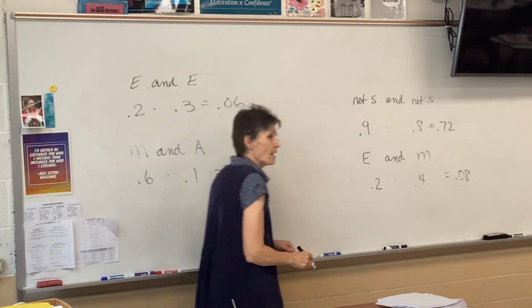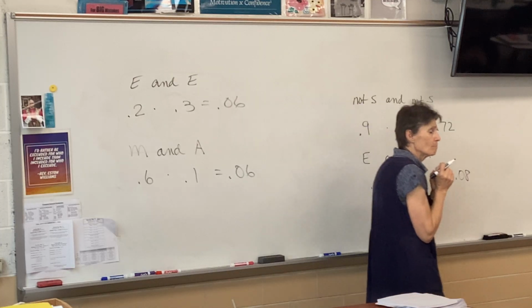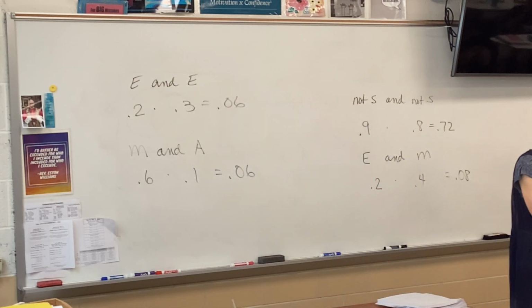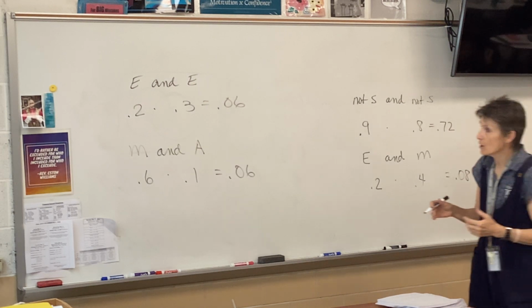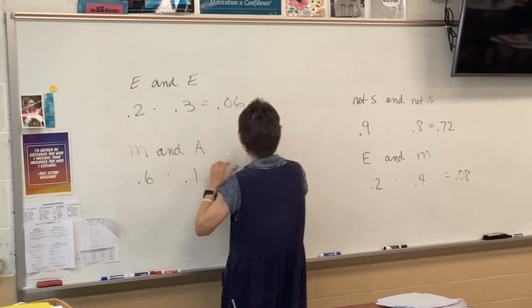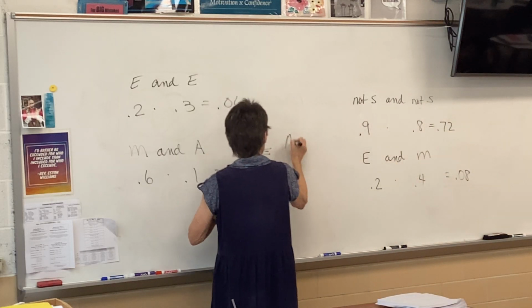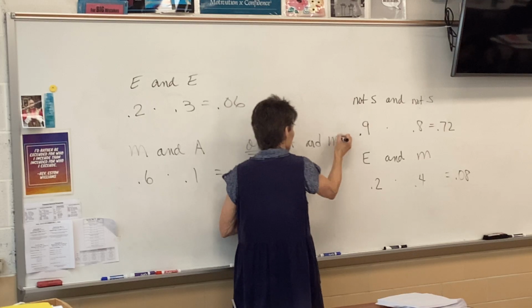That's not the answer to that one. Why not? Yeah, we don't know who's who. It doesn't say first kid likes math, second kid likes art. I just have one of each. So it's math and art, or it's art and math.